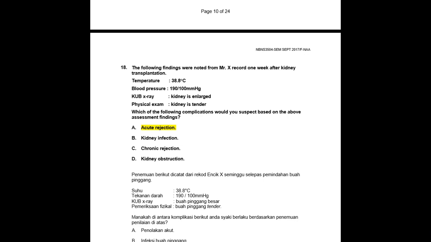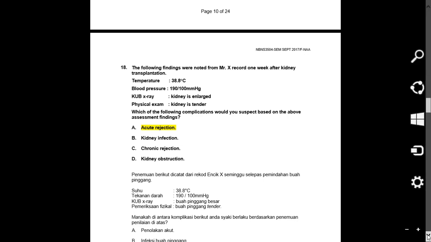Which of the following complications would you suspect based on the above assessment findings? All these signs are the signs of acute rejection of the kidney, which occurs 4 days to 2 months after the transplantation.